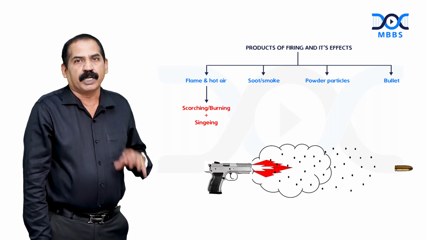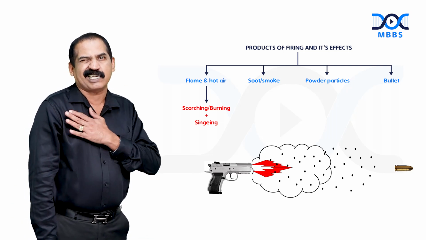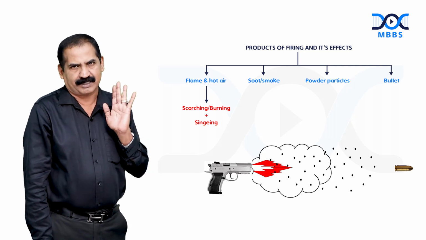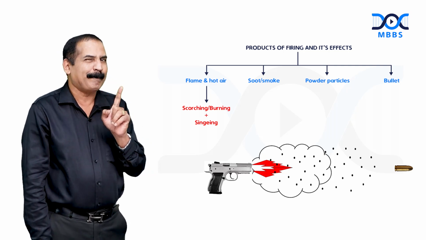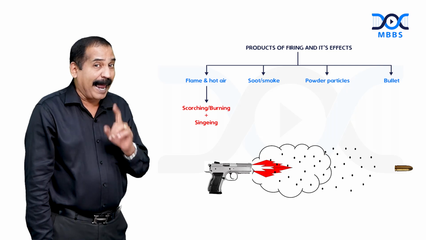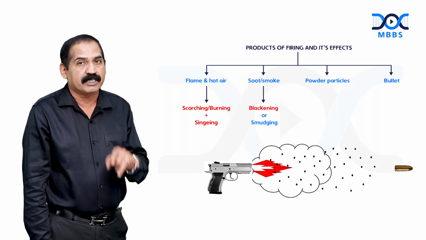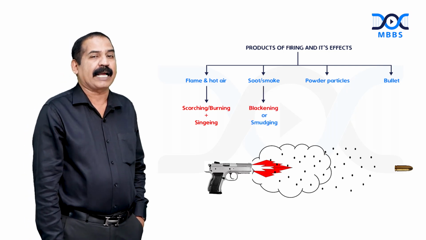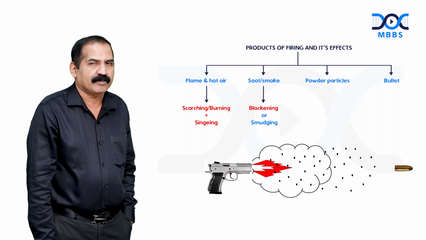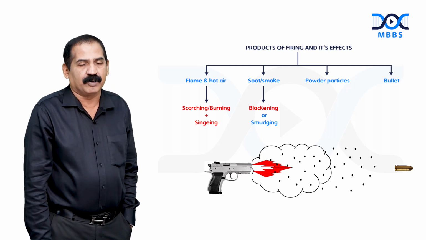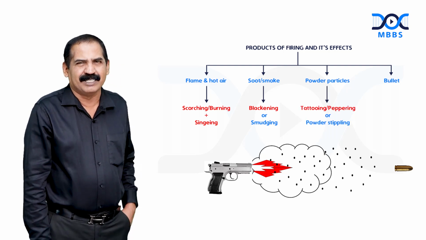Now, if the soot and smoke touches the skin or cloth, what happens? It gives rise to blackening. The blackening is also known as smudging. Now, powder particles.